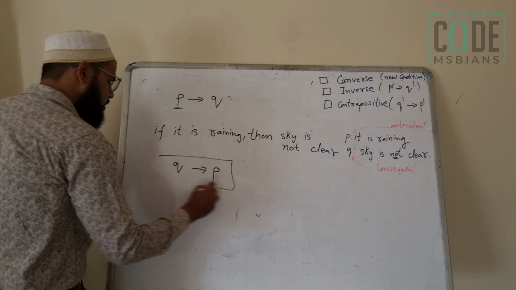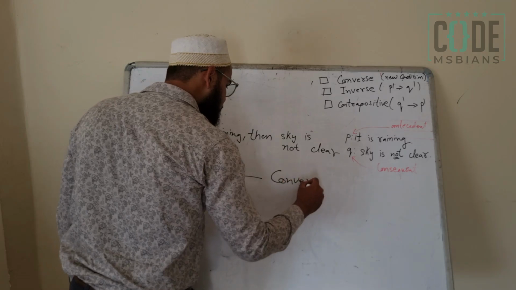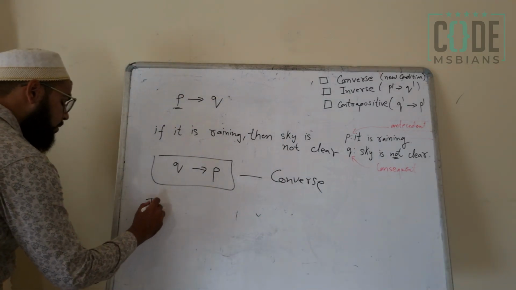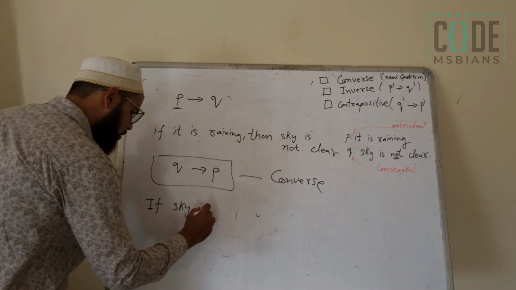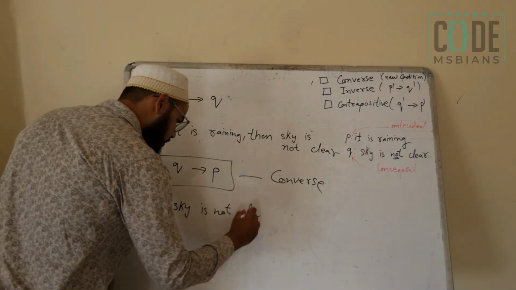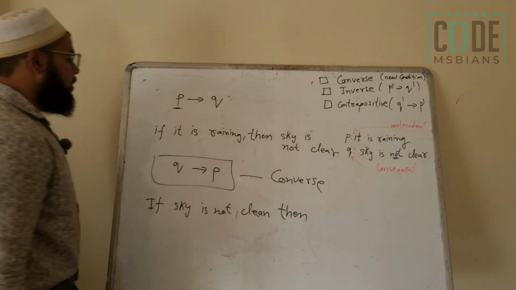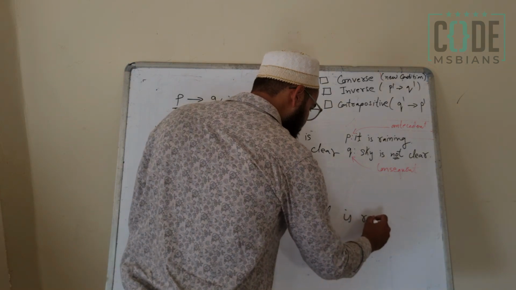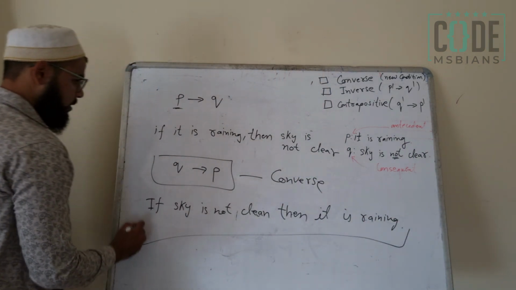This interchanging is nothing but the converse. Now how will this statement look? It will look like this: if sky is not clear, then it is raining. Okay, so this is known as converse.